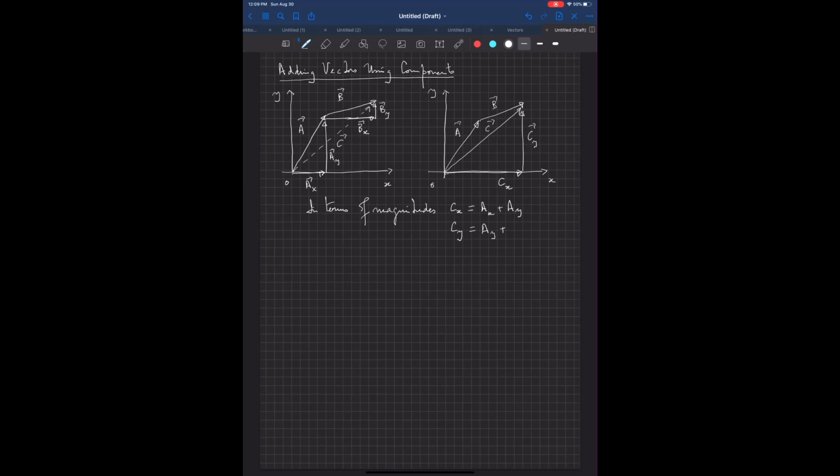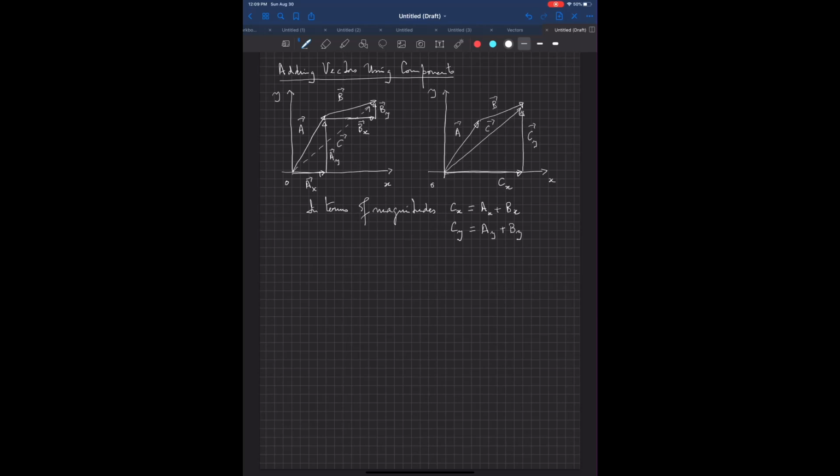C sub x is A sub x plus B sub x, and C sub y is A sub y plus B sub y.